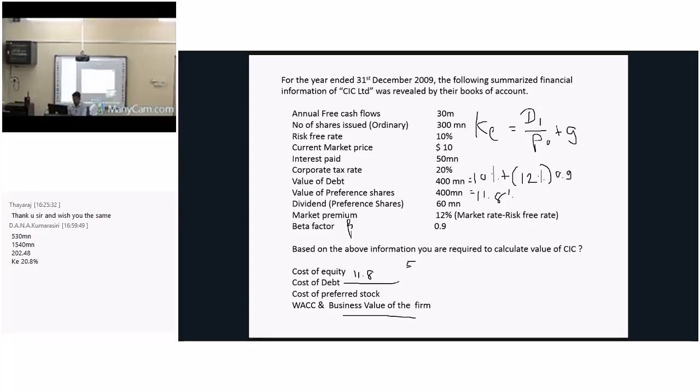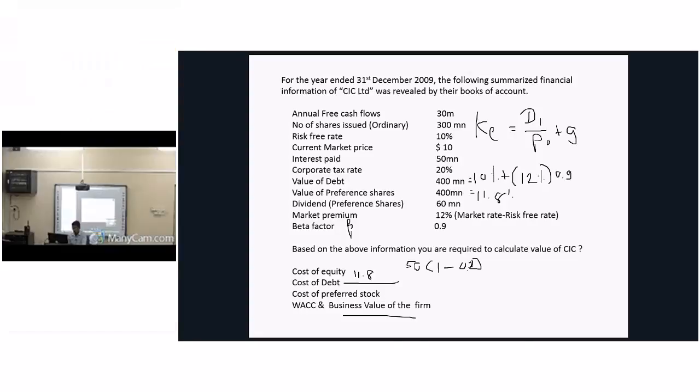So 50 multiplied by 1 minus t, that is 0.8, it's going to be 40 million. Then 40 million divided by 400 million, because we have a debt of 400 million, we will have 10%, right? So that is the cost of debt. So we have calculated the cost of debt.